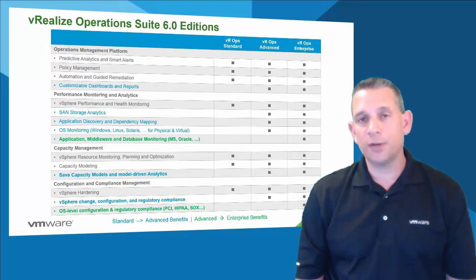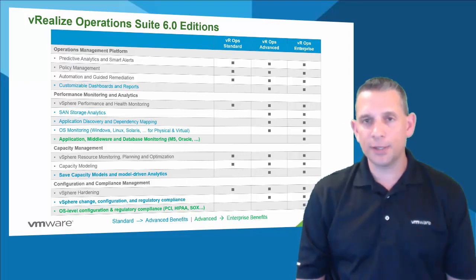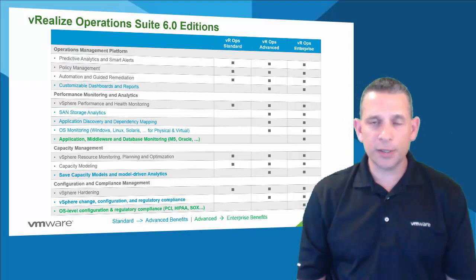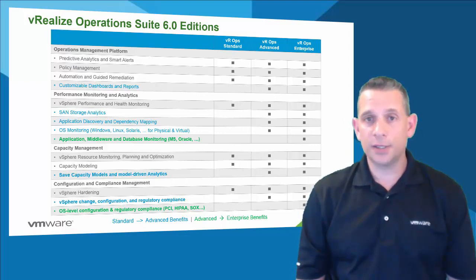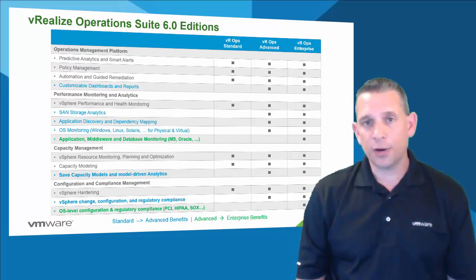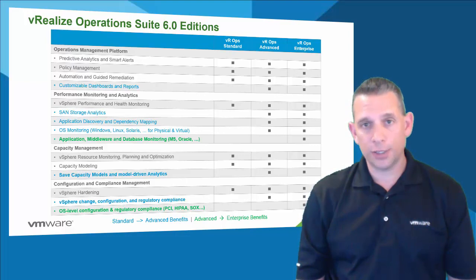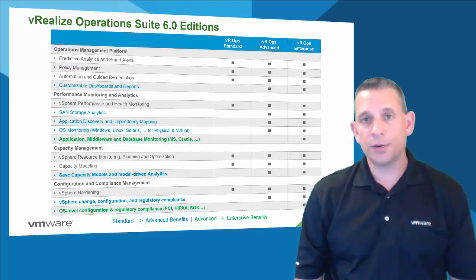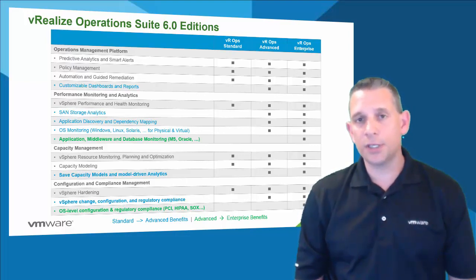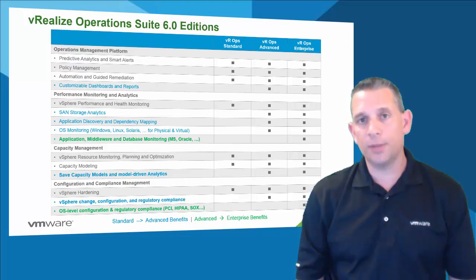And then we also have OS level configuration and regulatory compliance, such as HIPAA compliance, PCI, and SOX. So many healthcare and financial institutions have to comply to these particular regulations. Now, vRealize Operations 6 will give them the ability to make sure and configure that all their VMs are following this configuration.